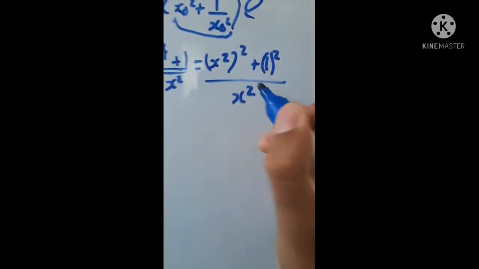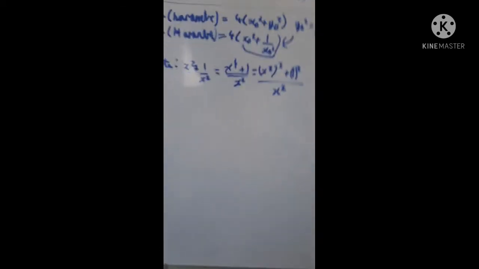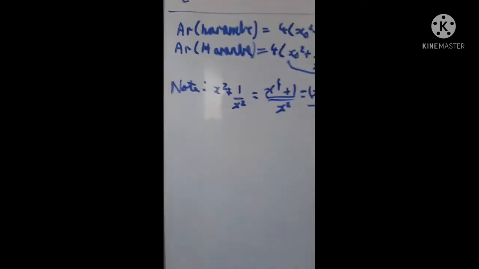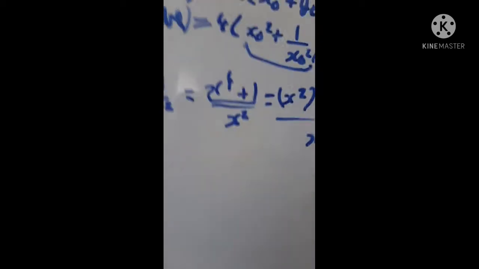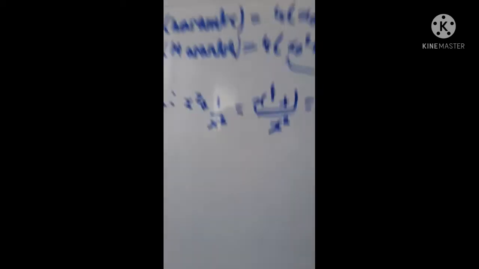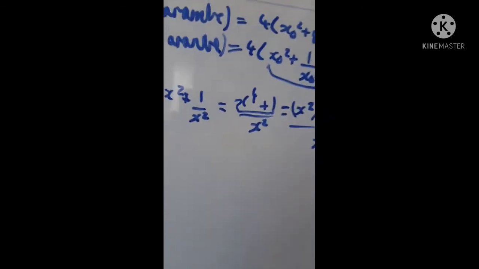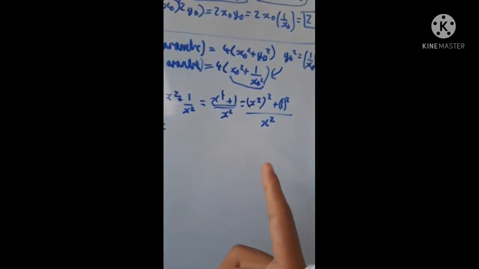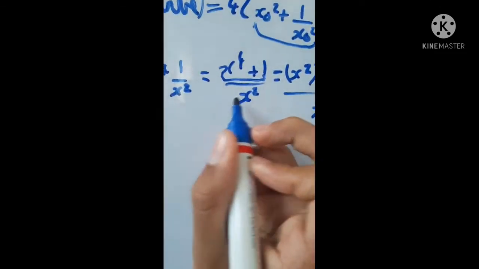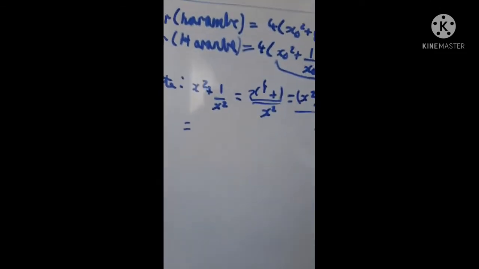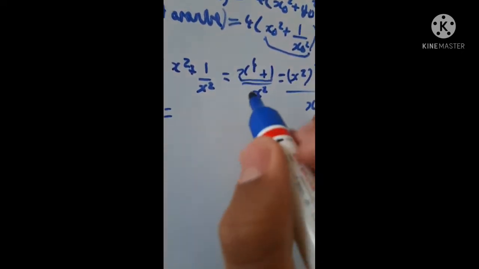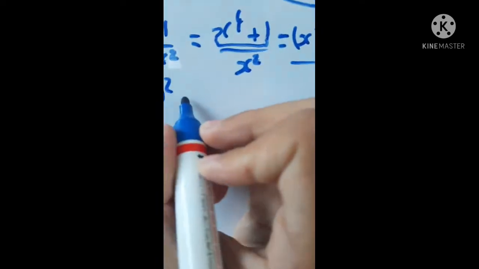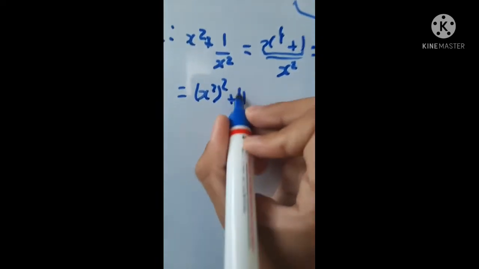So we want to apply an identity, and there isn't a sum of squares identity, so we'll have to use the two numbers whole square identity here. We'll have to introduce a new term. So we have x squared plus 1 squared.